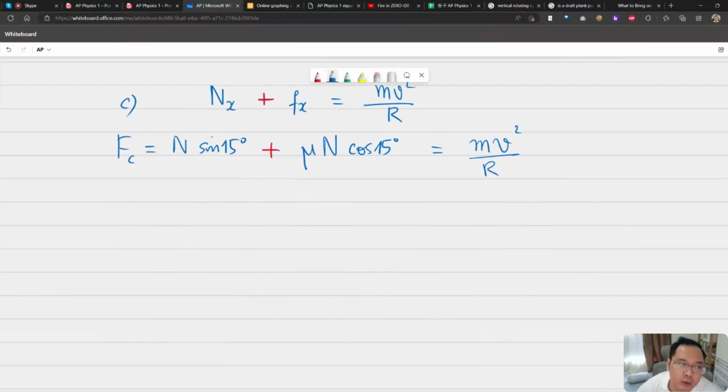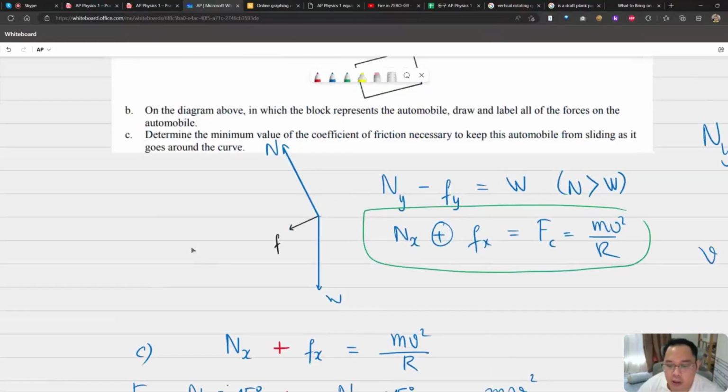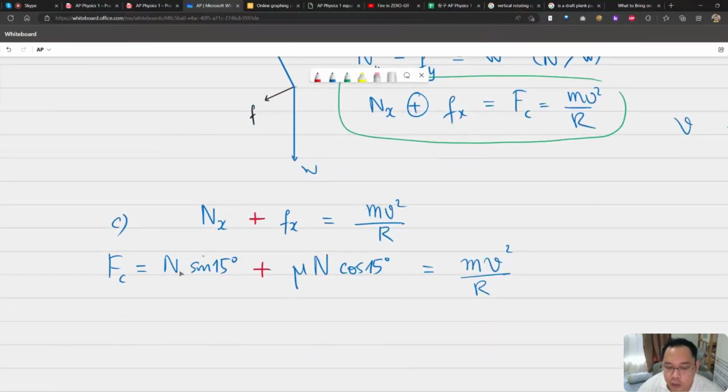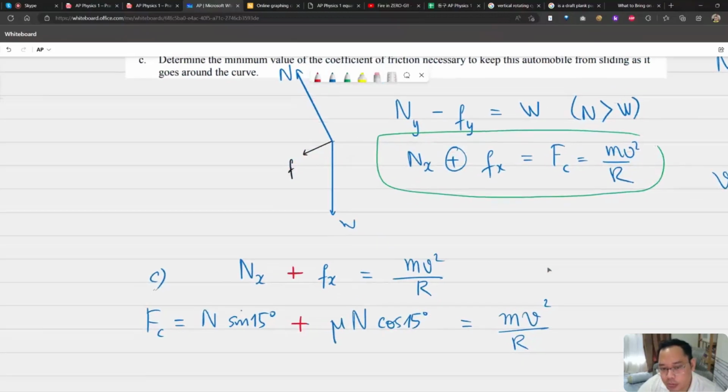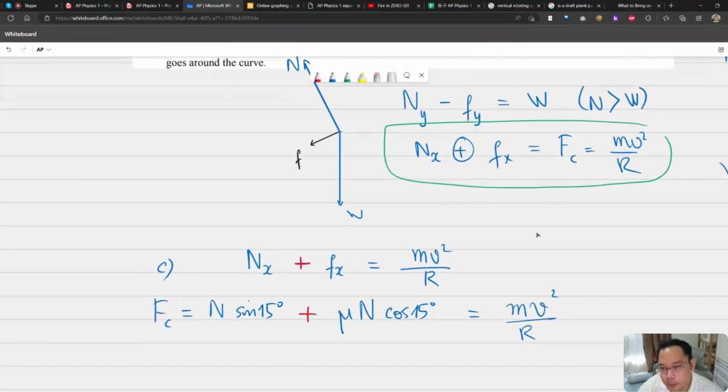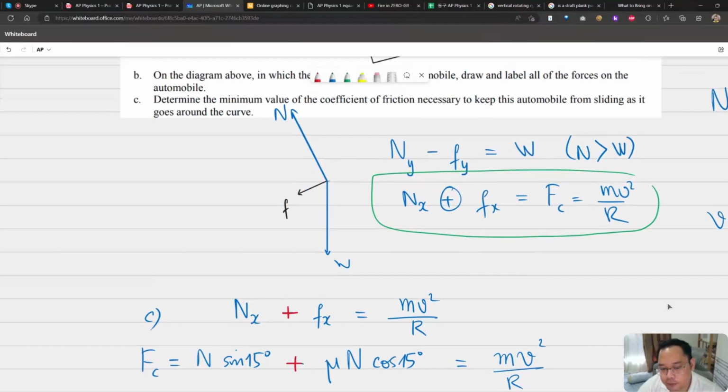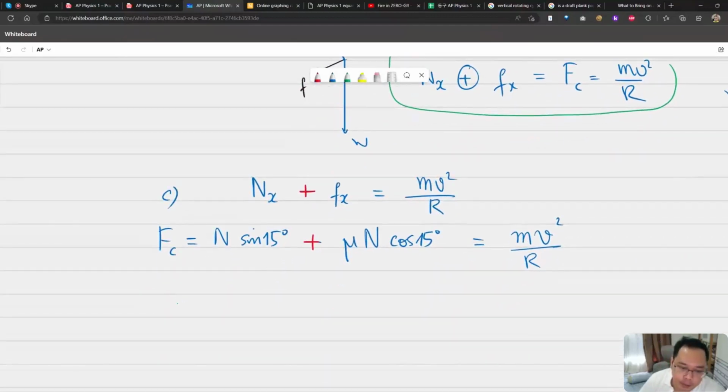Here, we need to calculate the normal force first because we do not know it yet. The normal force is calculated from the first equation here. Ny minus the vertical component of friction, meaning mu times the normal force times sine of 15 degrees, equal to the weight.